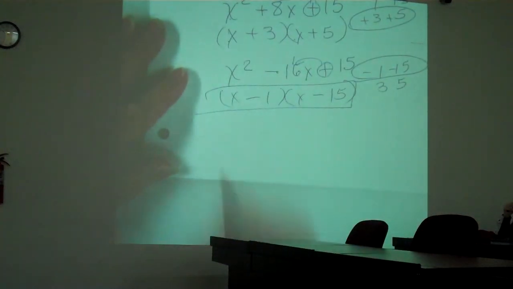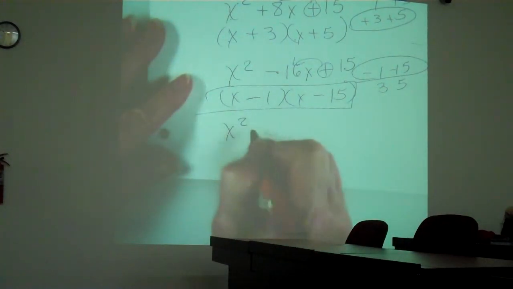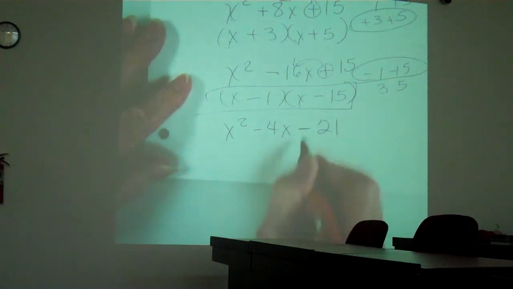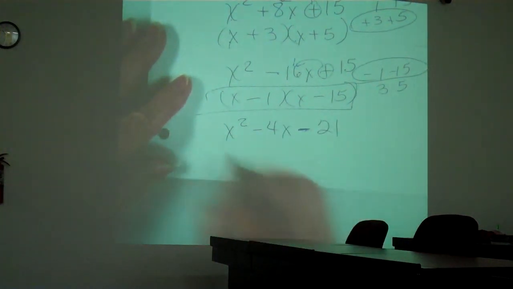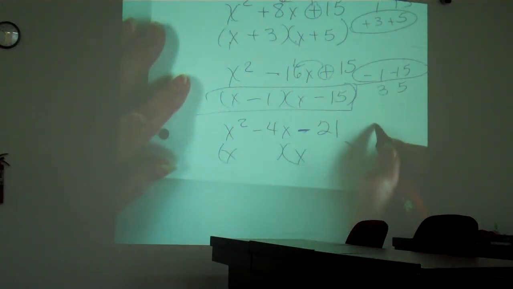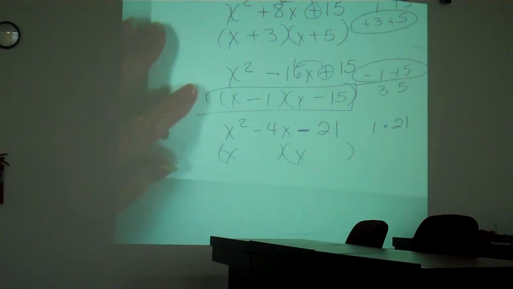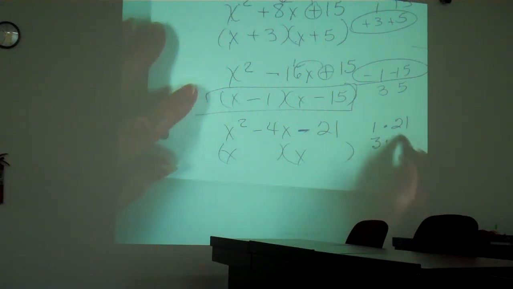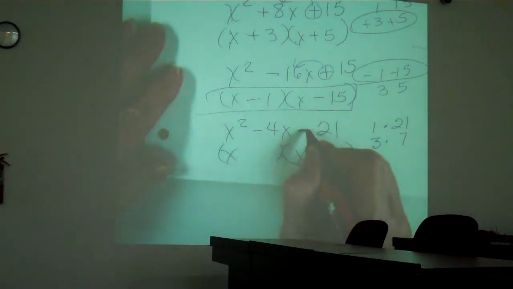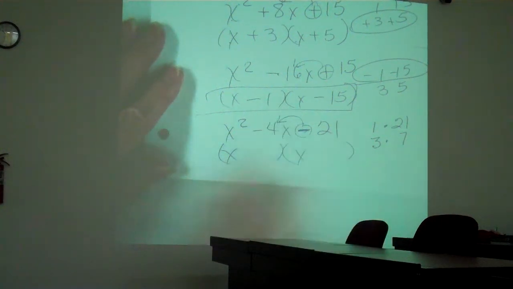Okay, let me show you one with the minus at the end, right here. You're still going to have the x and x. How many ways are there to get 21? 1 times 21, 3 times 7, and that's it, right? Okay, they're going to subtract to give you the middle term this time.